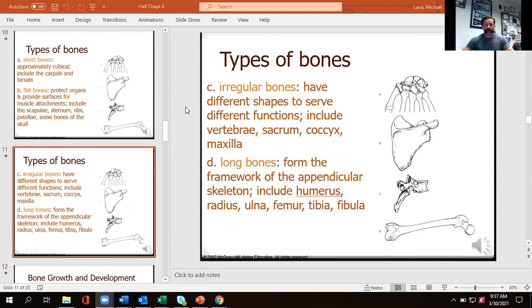We then have irregular bones. So these are things that just look weird. So we've got a vertebra, sacrum, coccyx, and our maxilla. Now, then finally, we have our long bones. So this is our humerus, our radius, our ulna, femur, tibia, and fibula.